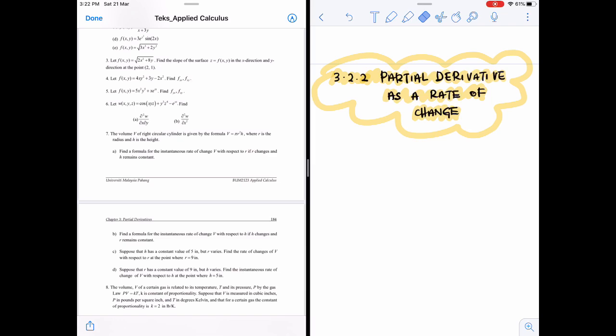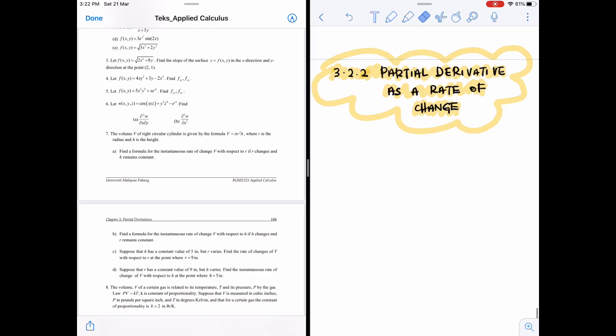Okay, we have learned before that the derivative of a function f with one variable, f prime of x or del f del x, represents the gradient of a tangent line as well as the rate of change of f with respect to x. The same goes for the partial derivative of a function f with two variables x and y.